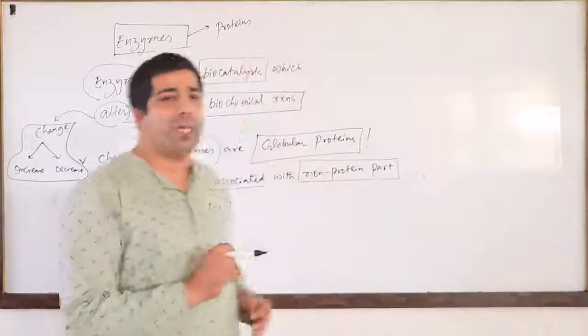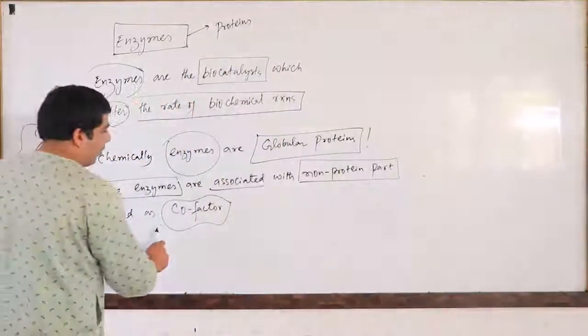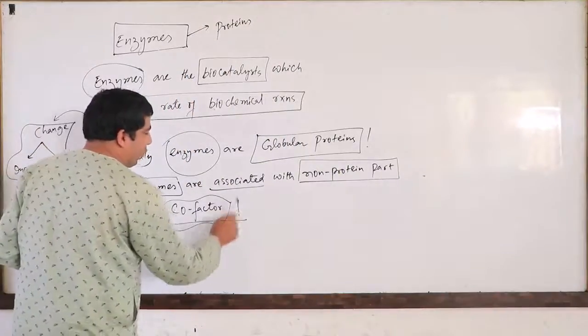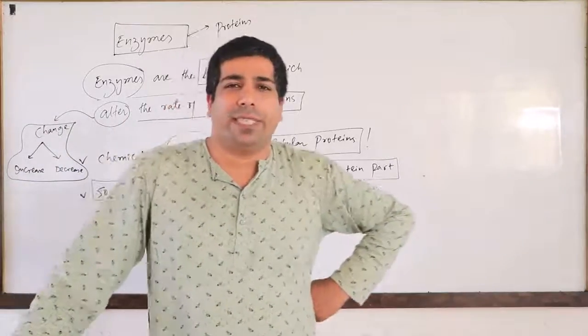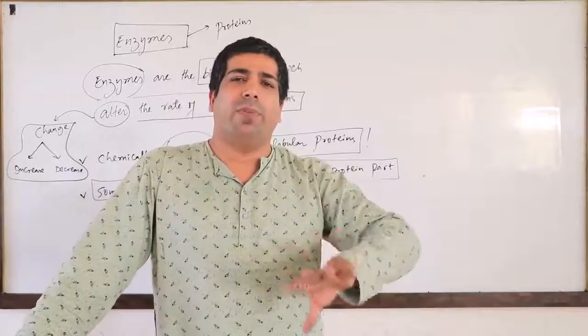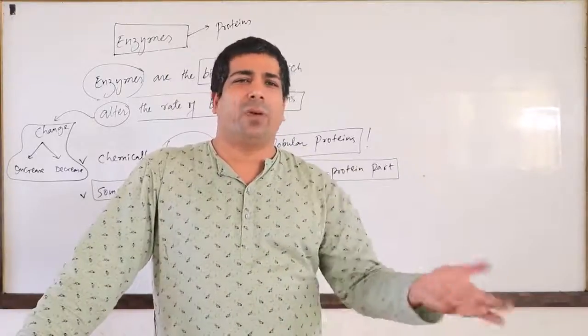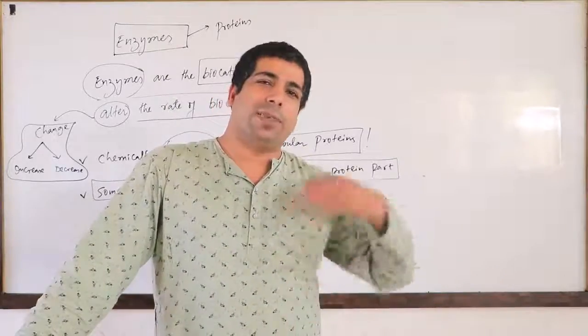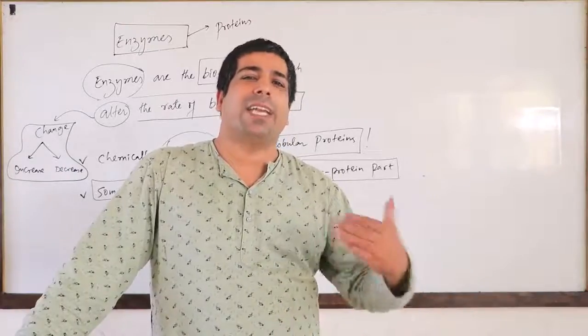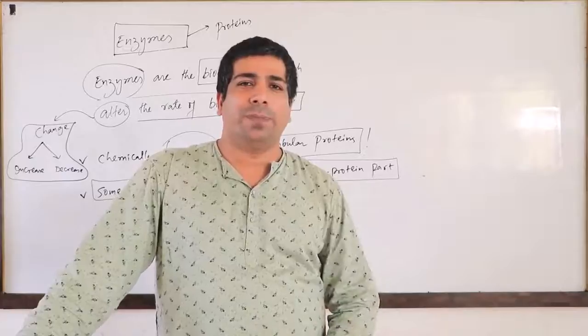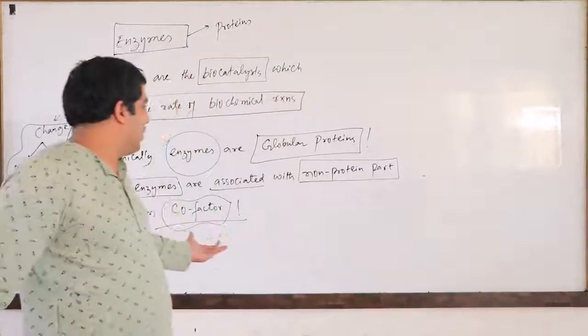And that non-protein part which is required for an enzyme is known as cofactor. And remember, a cofactor is not required for every enzyme. Some enzymes can perform their function even without a cofactor. But there are some enzymes that need a cofactor to perform their catalytic activity. I hope you have understood. Please make note of this particular thing.